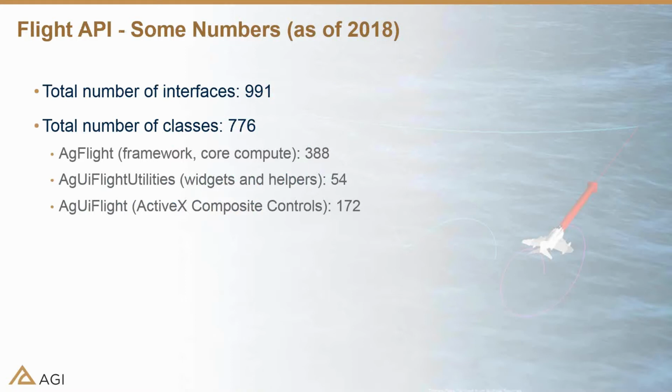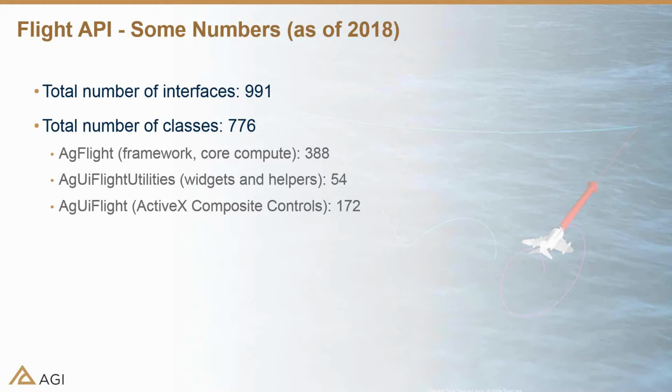Some of the raw materials that we provide for you out of the box, and we just ran these numbers the other day: right now we have almost 1,000 interfaces that make up the relationships between the objects. You don't use all those interfaces, but you could. In general, there's 50, maybe 100 core interfaces that get used over and over again.